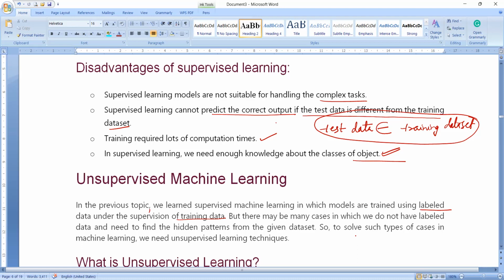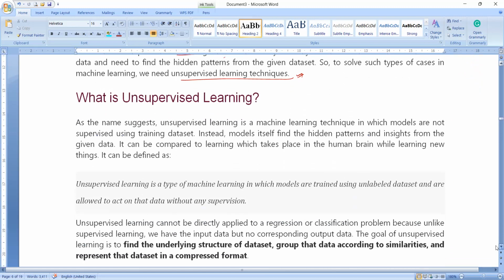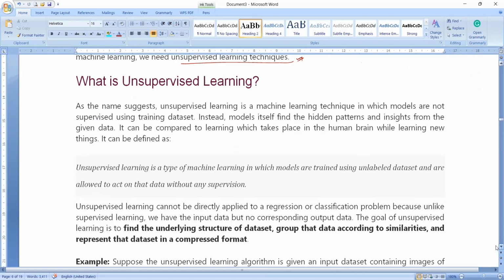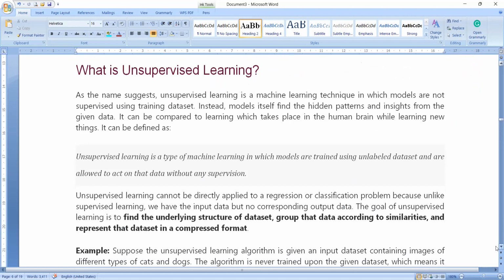In those cases, we don't have any supervision from the data itself. We have to identify the patterns. So for such cases, we use unsupervised learning techniques.